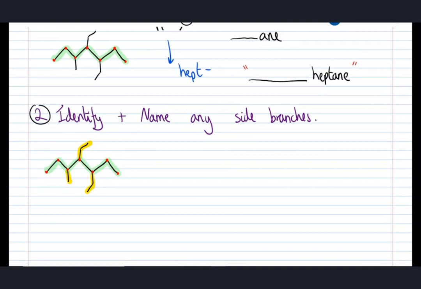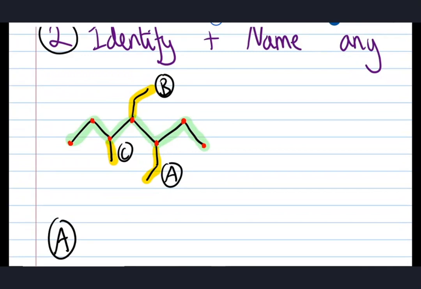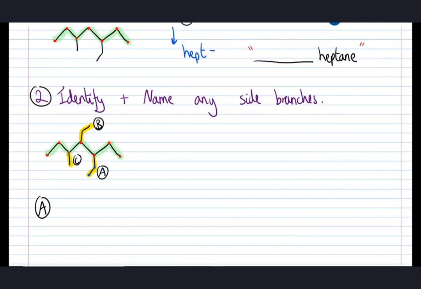Now, to make it easier for you watching, I'm going to label these up as A, B, and C. Side branch A. Well, let's bullet point on our carbons. We've got 1 carbon there, 1 carbon there. So for the side branch A, N equals 2. And using our prefixes, this is going to be eth-something.